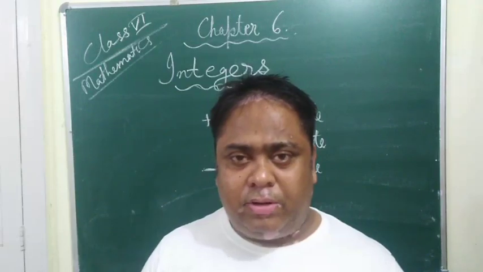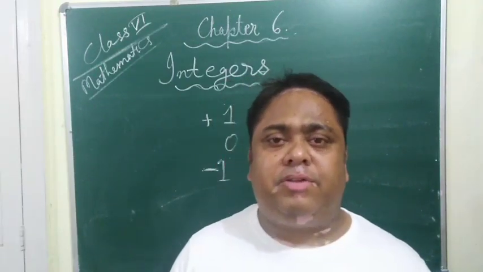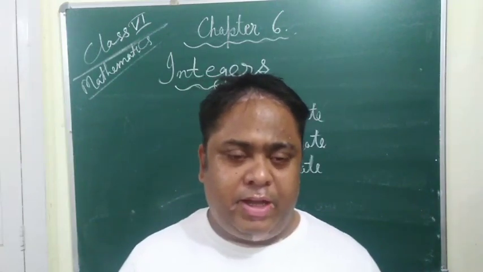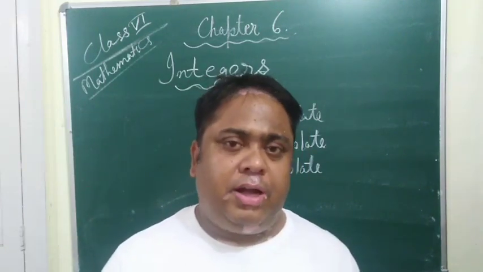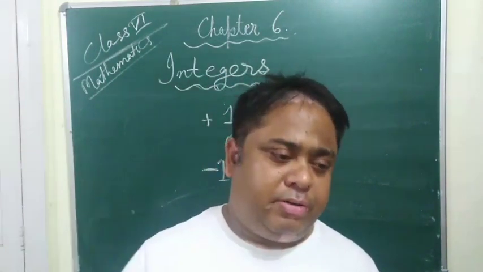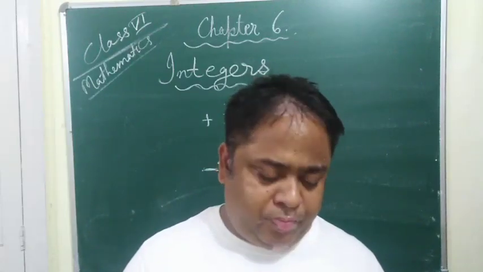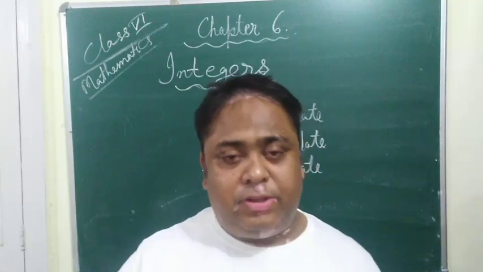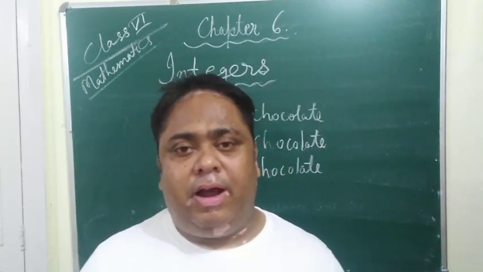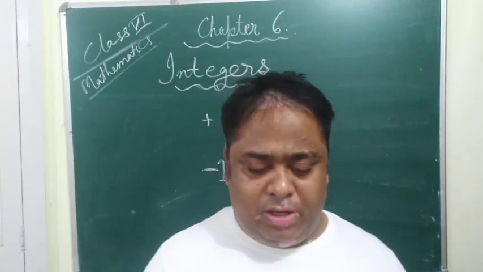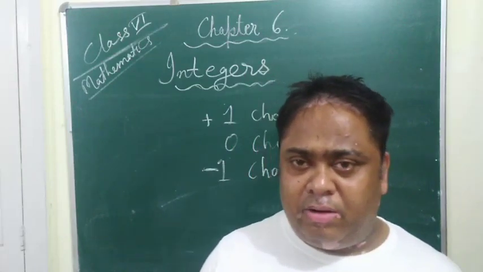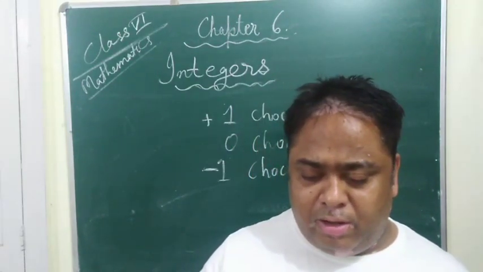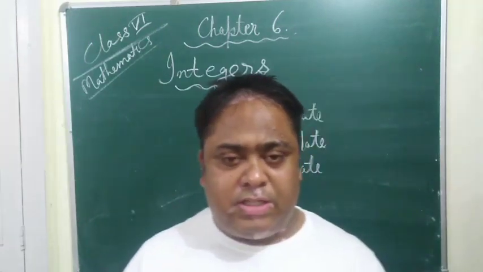Similarly, there are three main types of land features on our earth. One is land, another is ocean, and the third one is mountain. Whenever we measure the height of a mountain, we say above the sea level. And whenever we measure the height of any land, we say below how much of the sea level.